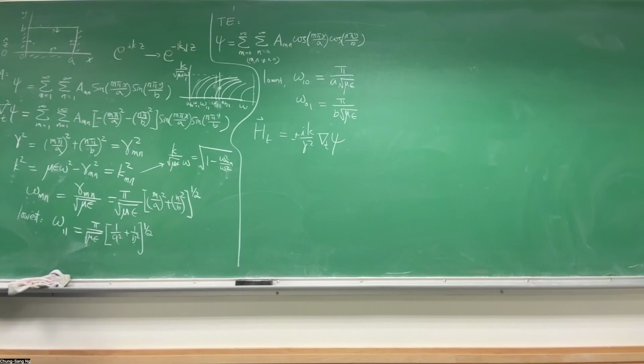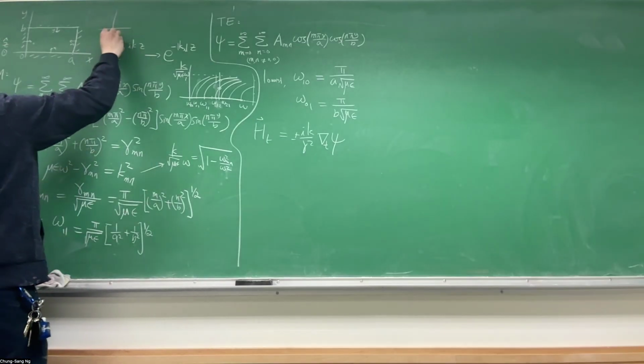Okay, so up to here, any questions? This is an example, 8.4, and this is almost the simplest case you can think of. Another simple case is, instead of a rectangular cross section, you can have a circular cross section.